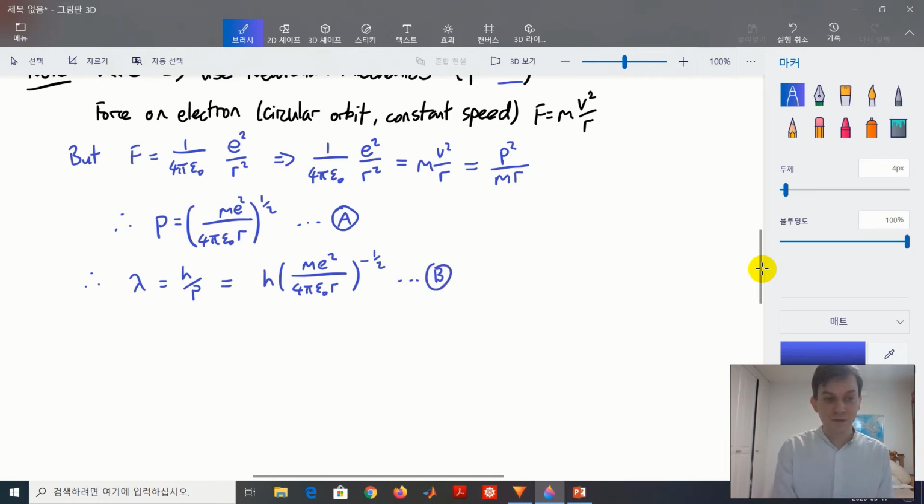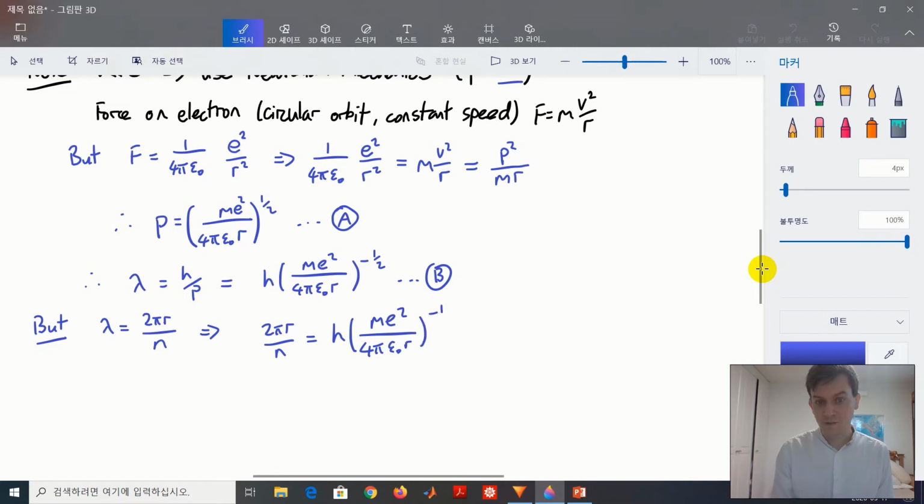And finally, we can use the quantization condition. The wavelength must be equal to the total distance around the circle divided by some integer n. Okay, and if we put that in, we get that 2 pi r over n is equal to h times m e squared over 4 pi epsilon 0 r to the minus a half.